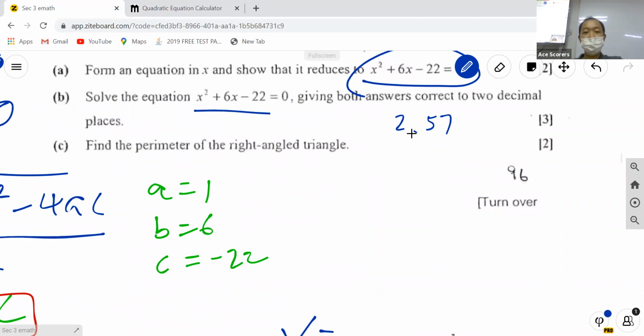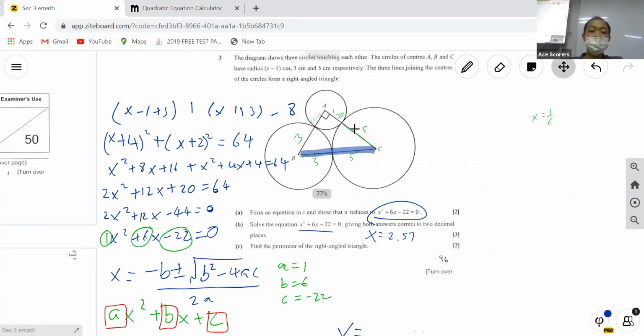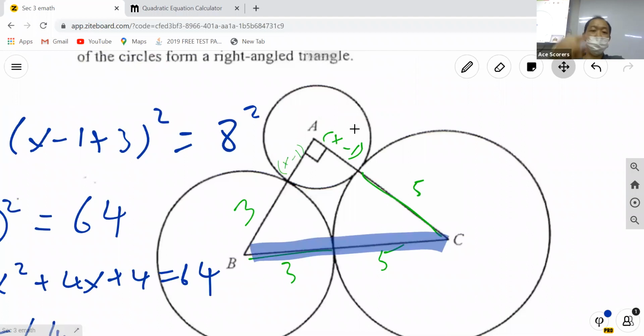So once you have your x, x equals 2.57. They want to find the perimeter of the right angle. That's super easy. Just substitute your x with that number and you add everything up. Okay, so that part we don't have to go through.